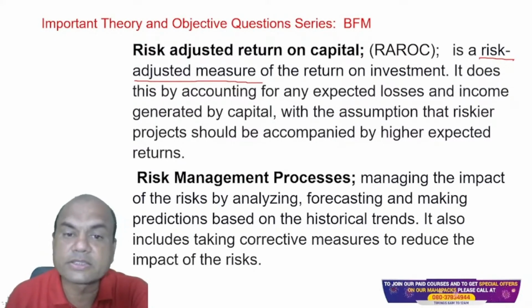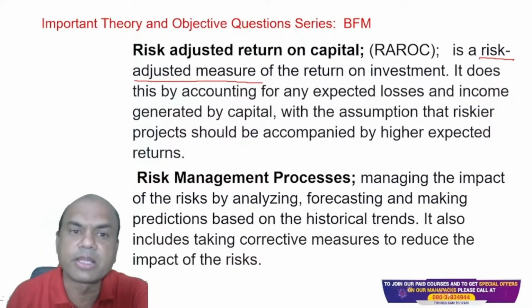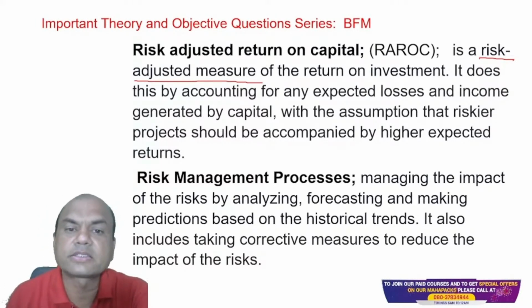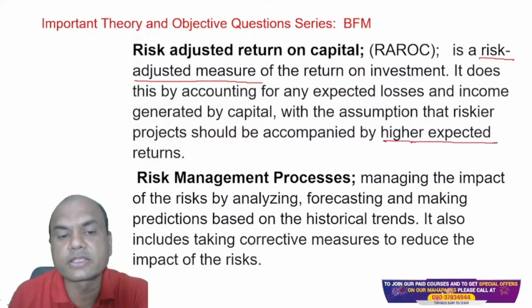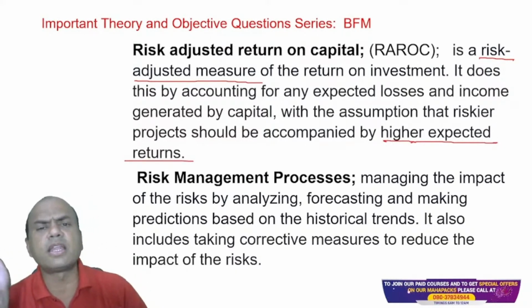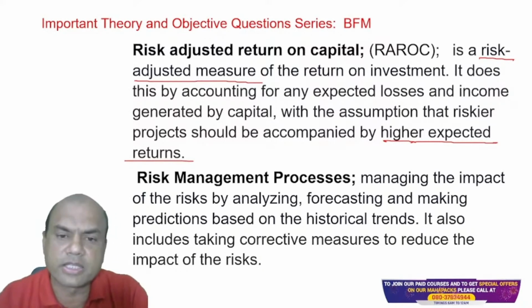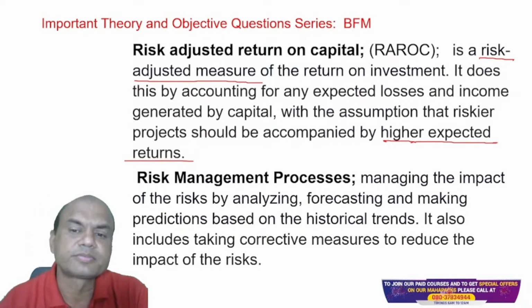Similar to an earlier definition, higher the risk, higher I'll be expecting the return. If I'm investing in higher riskier projects, then I should get a higher return. Only then I'll invest in them. Otherwise, won't I invest in the bank FD?